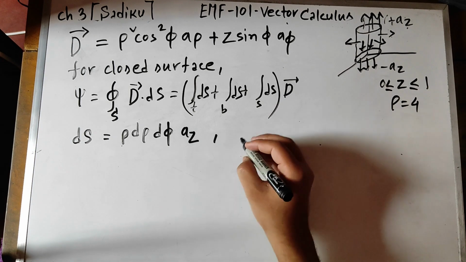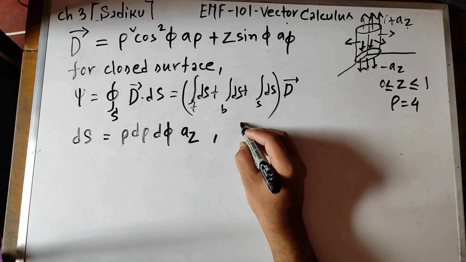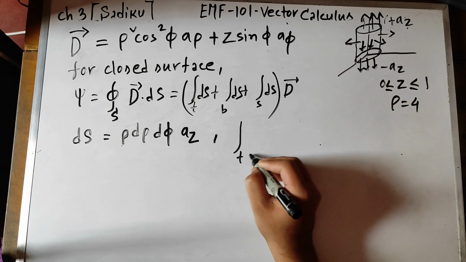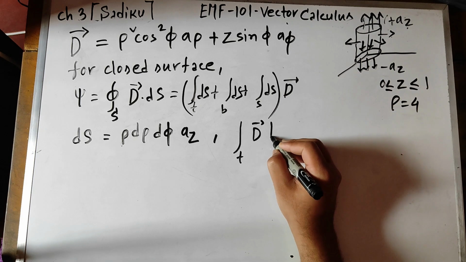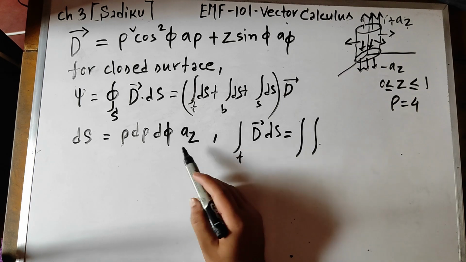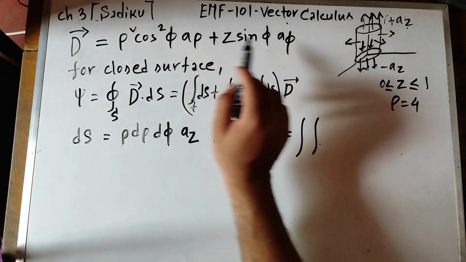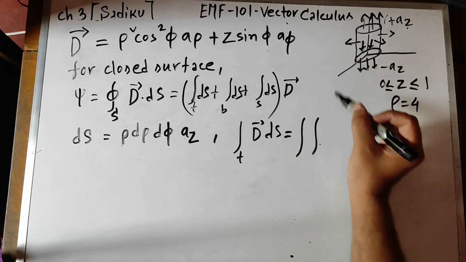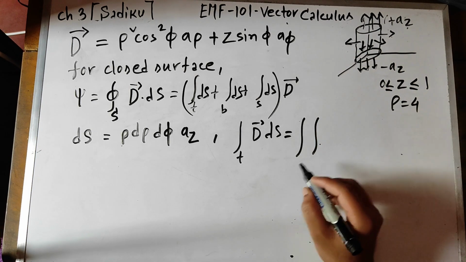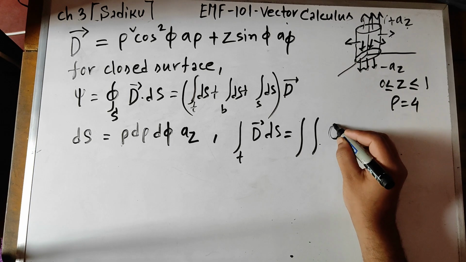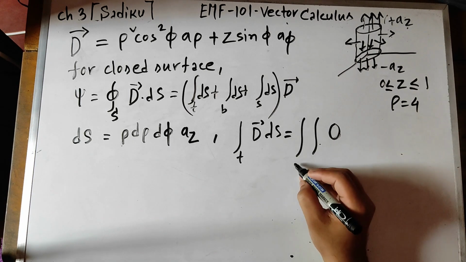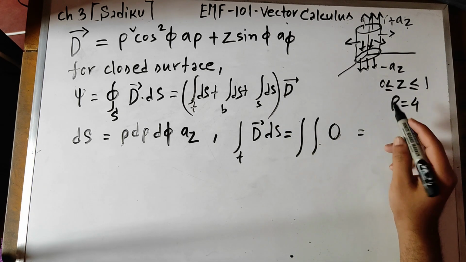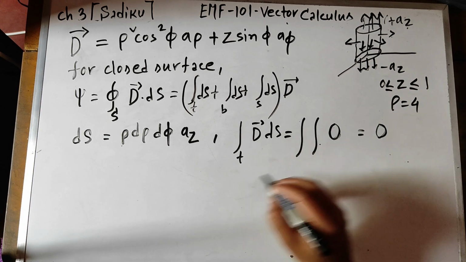Here ds is in the direction az, but the vector field has no z component, so this is obviously 0. So there is no flux from the upper surface.